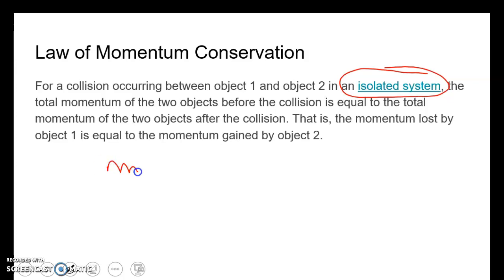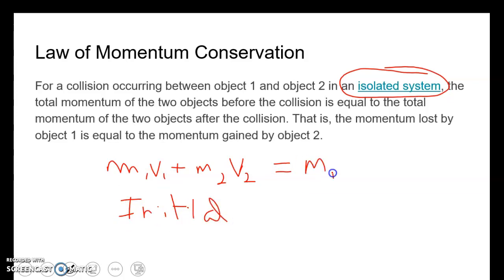So you'll see this written like you have two objects with momentum. They can have separate velocities or the same, doesn't matter. But their mass times their velocity is their momentum. You add the two objects together, that's your initial momentum. Then you have your final velocities after they collide, which could change.